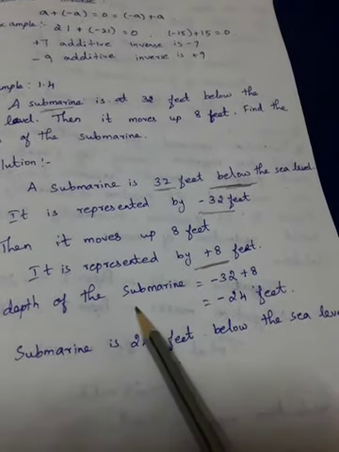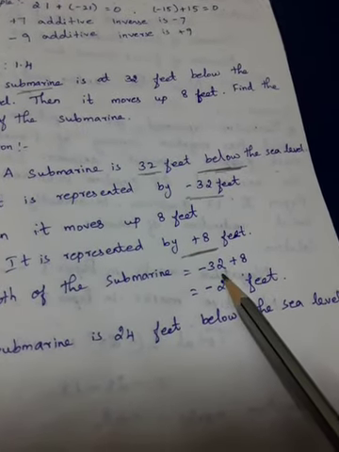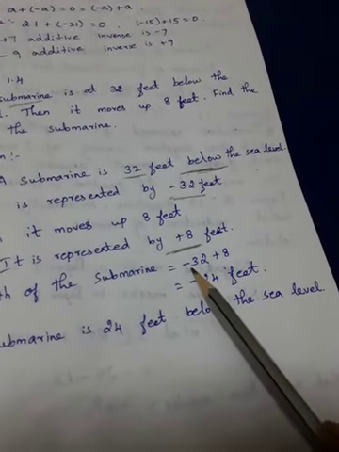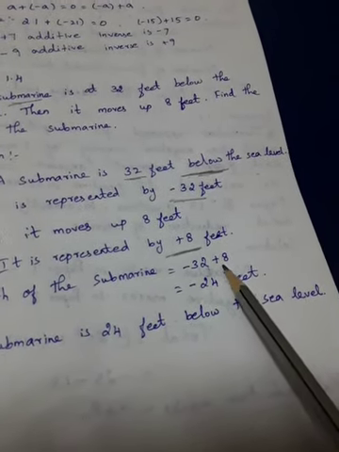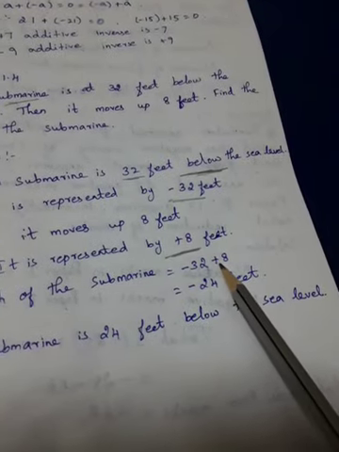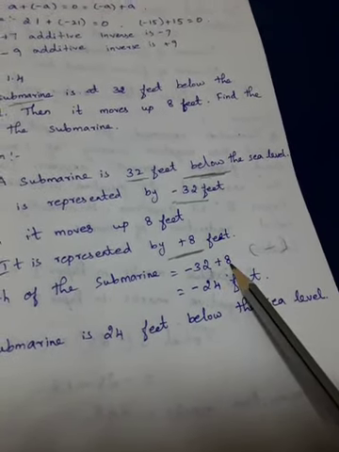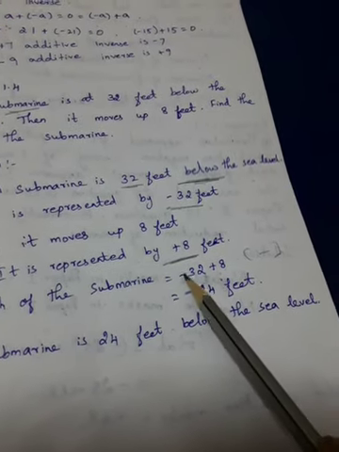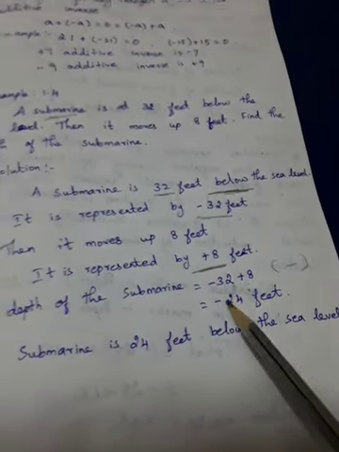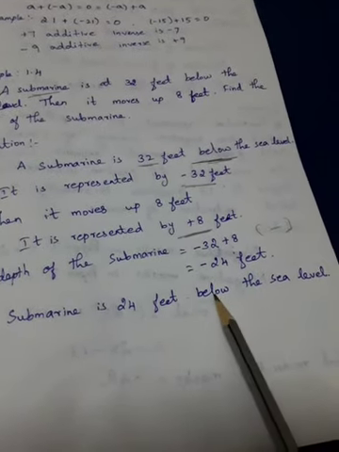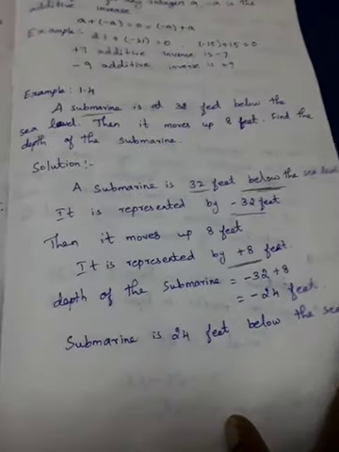So what is the depth of the submarine? First its position is minus 32 and it moves 8 feet up. Now we use the addition of integers. The symbols are different, so we have to subtract. 32 minus 8 is 24. The greatest number's symbol is minus. So minus 24 feet. So the submarine is 24 feet below the sea level.